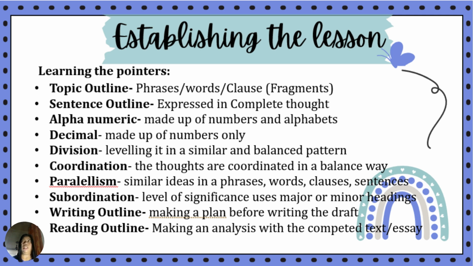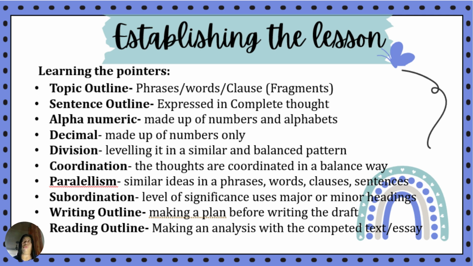All of those details that support the minor details, the major details, and the main idea going up to the thesis statement are congruent. They are working together to practice the different characteristics of outlining, and these are identified as coordination, parallelism, subordination, and also division.